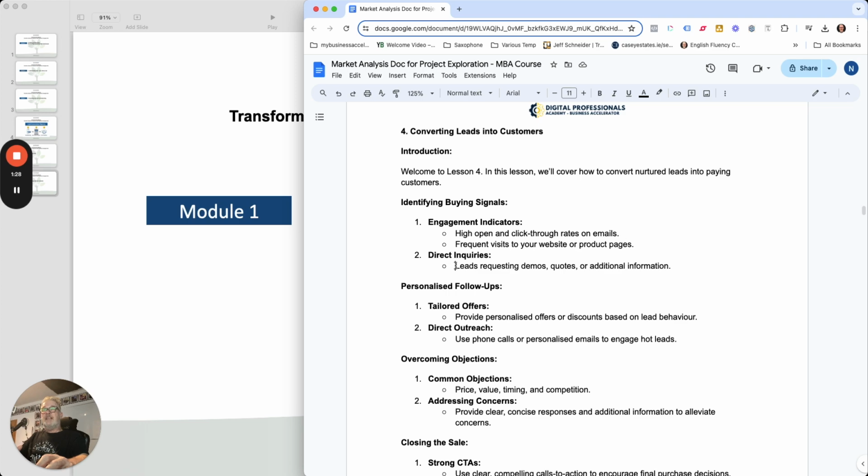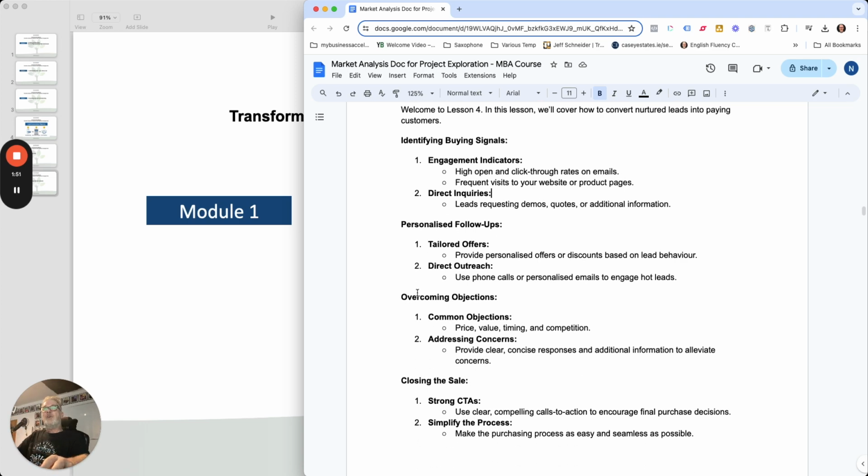Direct inquiries, leads requesting demos, quotes, additional information. Again, just because somebody asks you for a quote doesn't necessarily mean they're a qualified prospect. So again, that's something we'll deal with during the sales process. But again, we're looking at how the whole leads to customers process works.